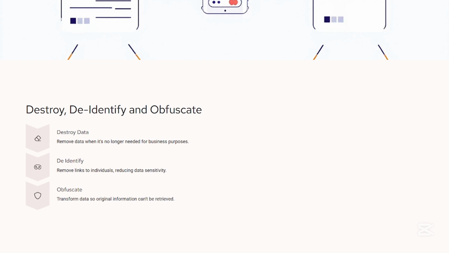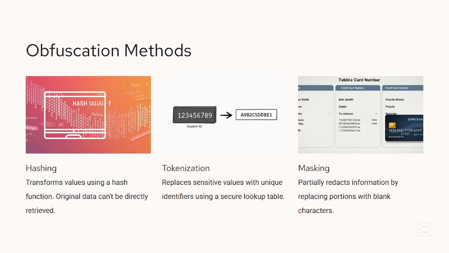So we are going to look at data obfuscation in more detail, since it's heavily used in data minimization. As I said in the previous slide, obfuscation is heavily used in data minimization, and it's done through hashing, tokenization, and masking. So what is hashing?